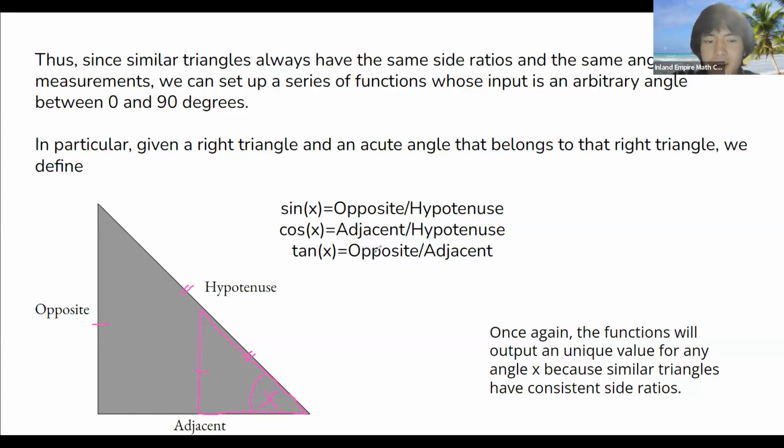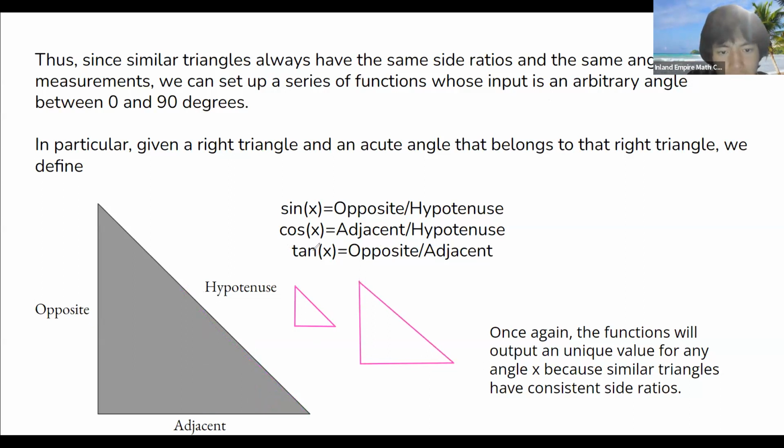But once again, the basic idea is that when you have similar triangles, let me give you another diagram. Here you have two similar triangles, and both have a common angle x that is the same.